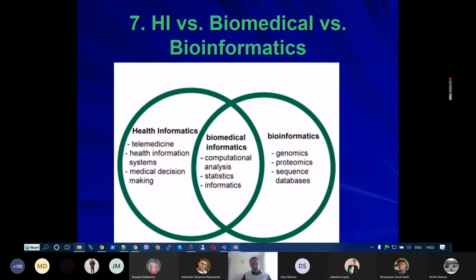So, and if we again check from another angle, looking into the intersection of health informatics, biomedical informatics and bioinformatics, here we can list specific studies, specific activities under all three of these.